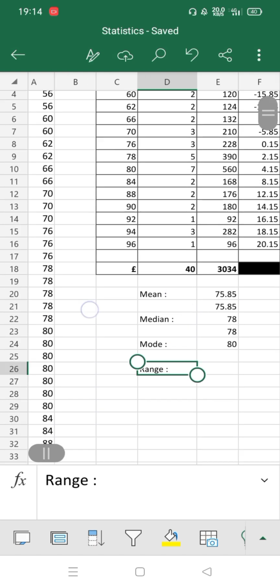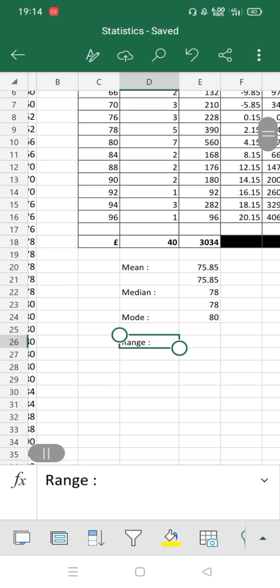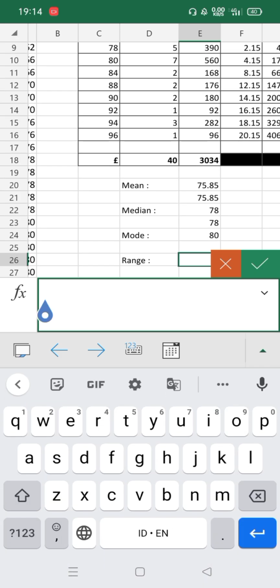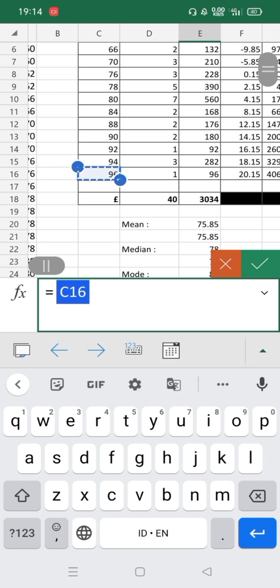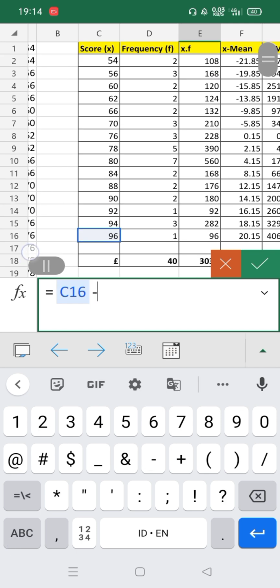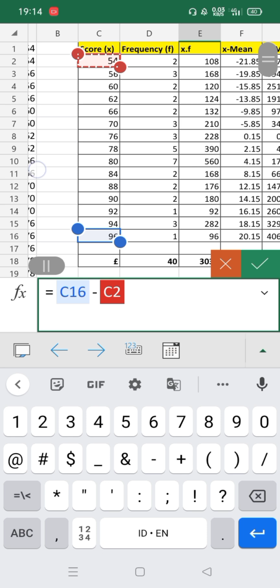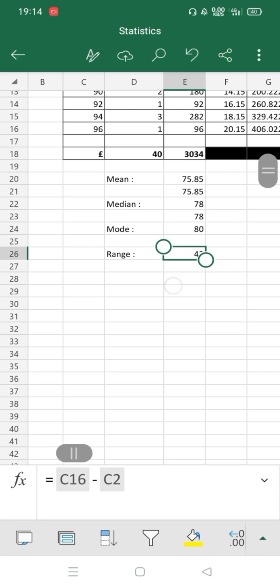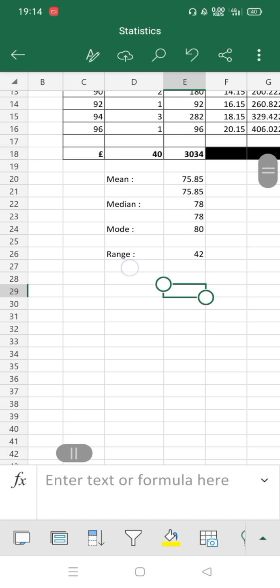In basic words, it is the highest number of the data minus the lowest number. Here we have 99 as our highest data, minus the lowest number of our data, which is 54, and just click. Yeah, we have 42 as our range.